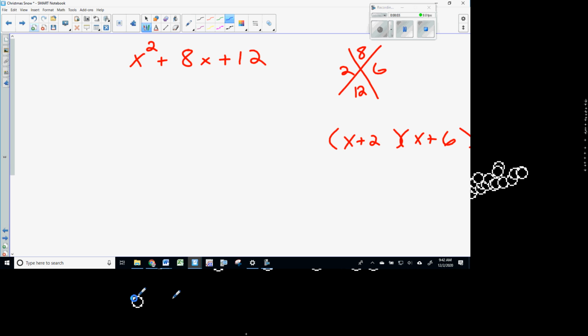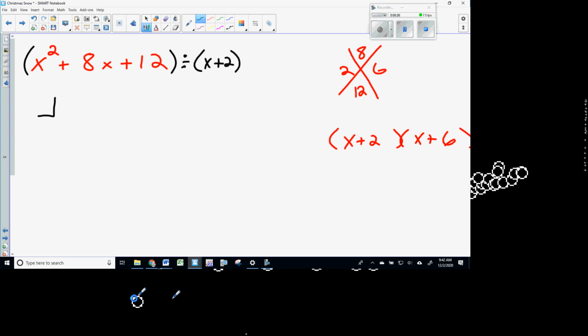And I want to take this and divide by x plus 2. Is x plus 2 a factor? Yes, we have it right over there. But to show that, if we did synthetic division, x plus 2, I put negative 2 in the box, and the coefficients 1, 8, 12.